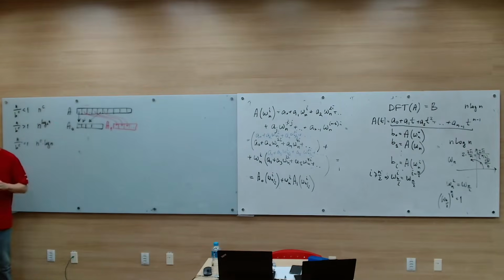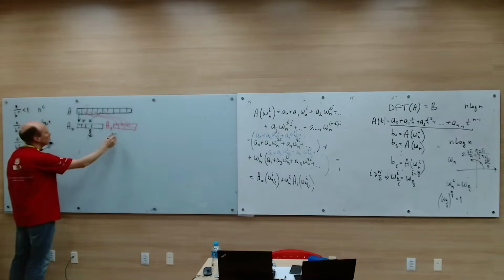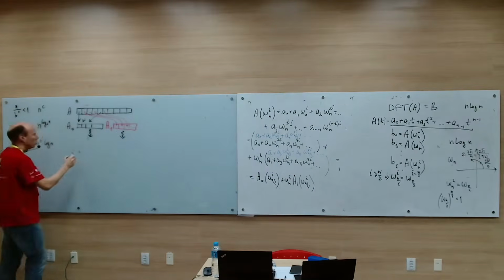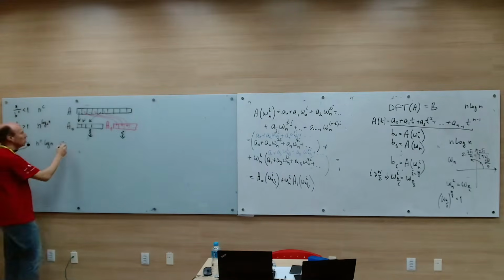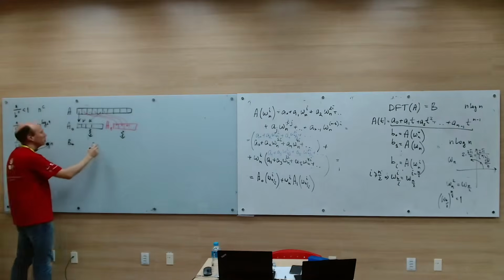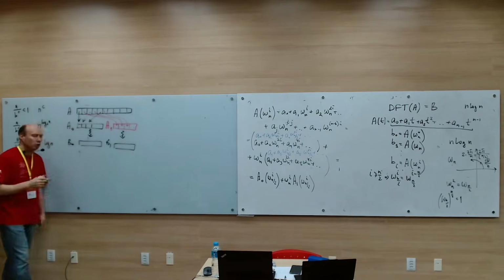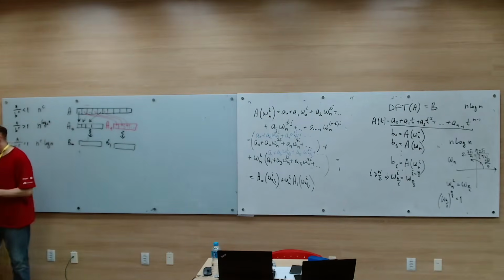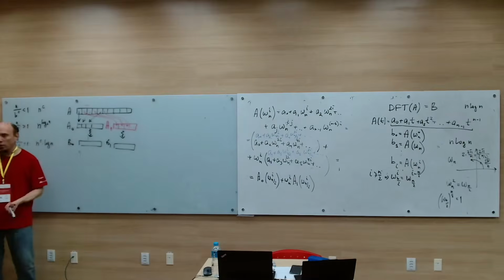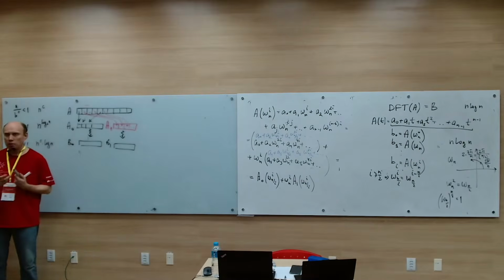Then we recursively create the transform of the arrays, called B0 and B1. And then we do what is called, because of how it looks in the picture, the butterfly transformation of these two arrays, which is actually for our divide and conquer algorithm the conquer part.